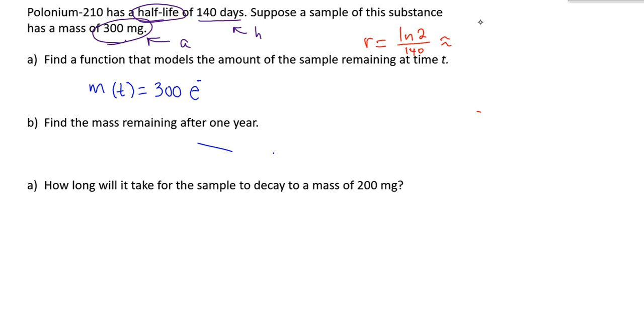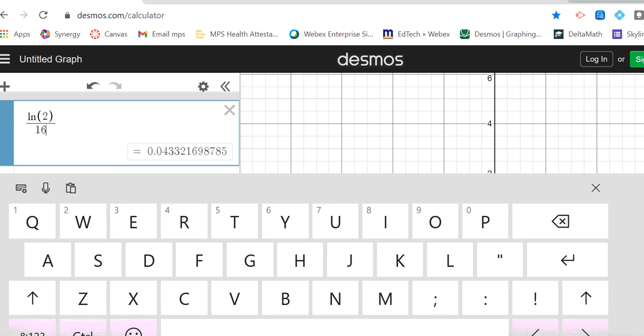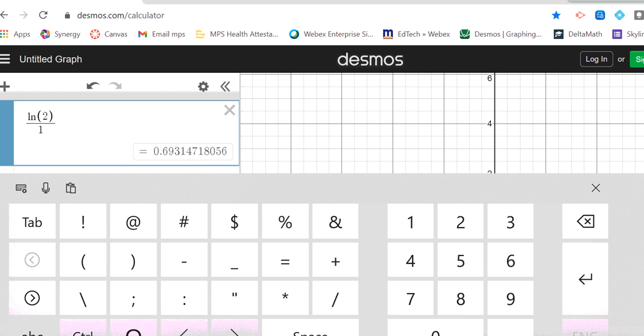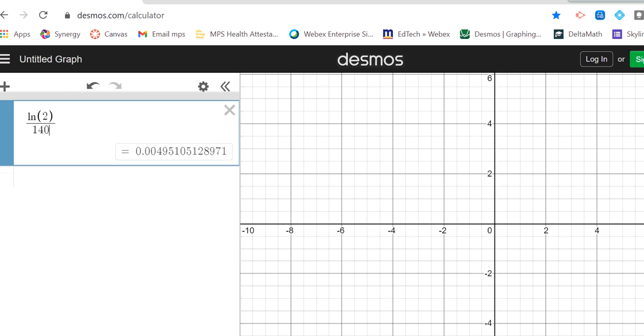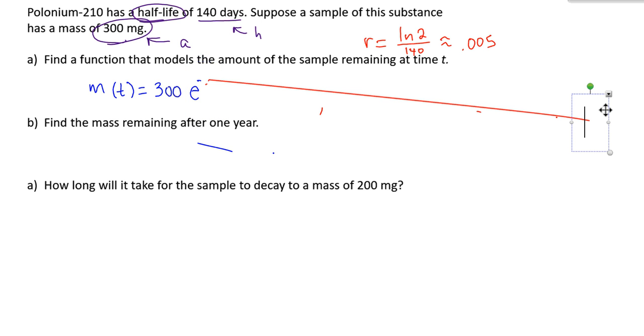Okay, that's about 0.00495, so that would technically round to 0.005. So we're going to use 0.005.